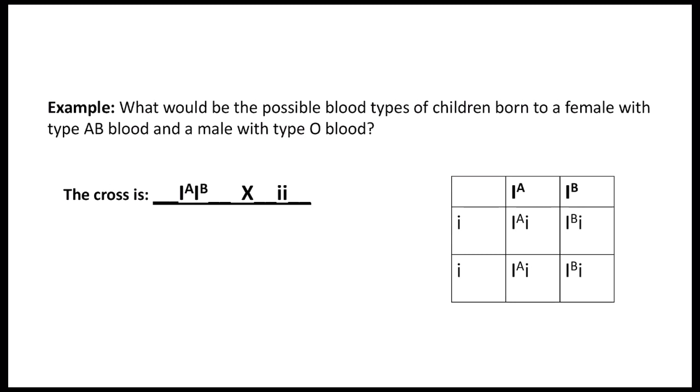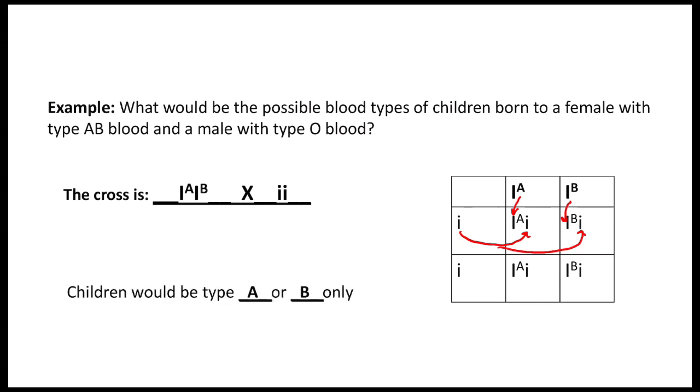If we draw our Punnett square out, you're getting one allele from the mom and the lowercase i from dad. Same thing, you're getting the B from mom and the lowercase i from dad. And then the same thing on the bottom two rows. So the children would be type A or type B blood.